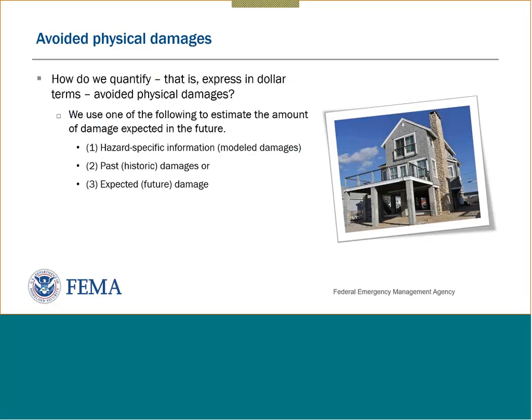The BCA tool looks at the type of structure and its engineering characteristics, and then looks at site-specific hazard information and does some calculations based on those two to give you what benefits might take place given some scenarios that you plug in.